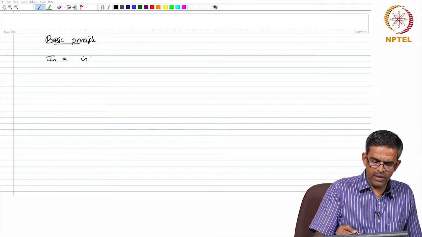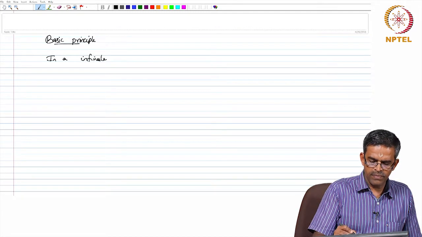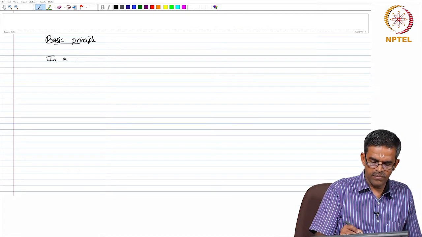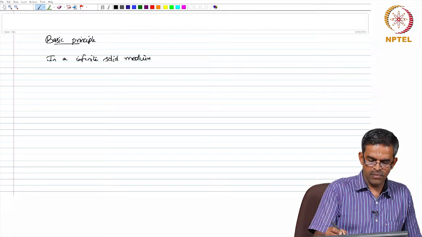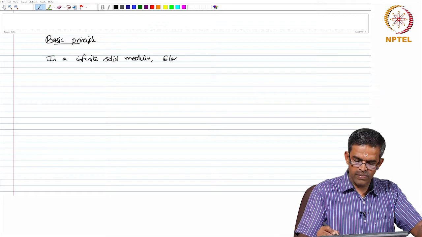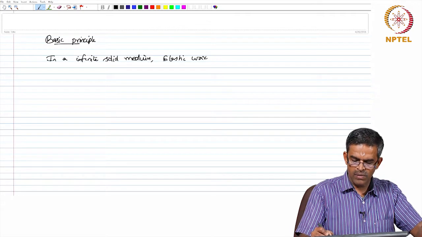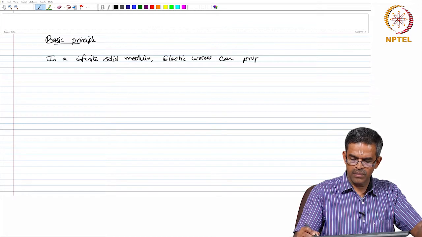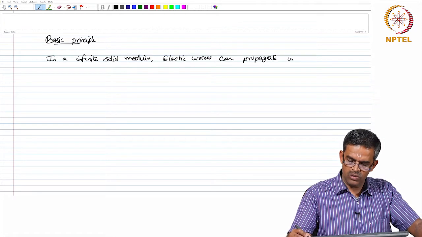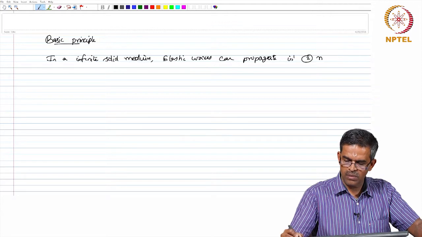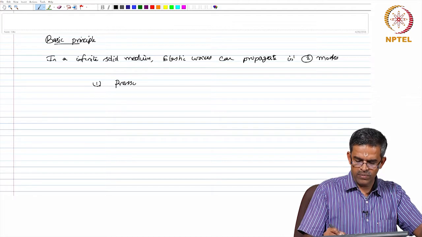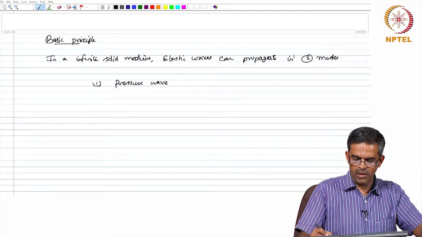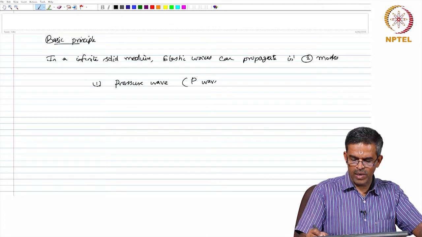In an infinite solid medium, elastic waves can propagate in two modes, namely pressure waves, otherwise called as P waves.